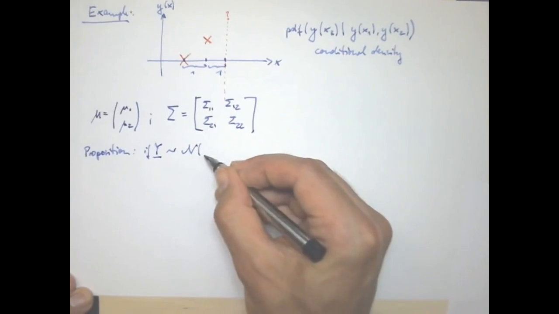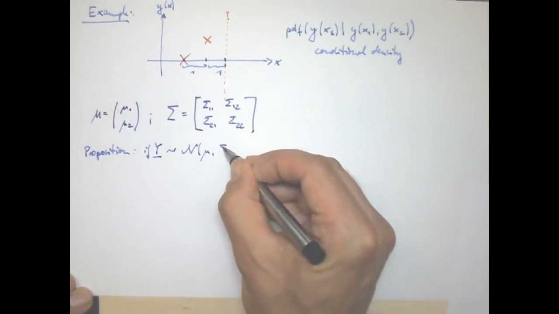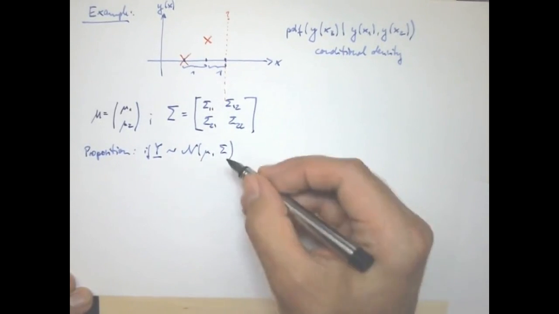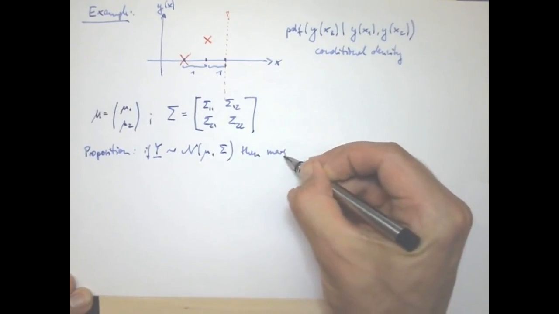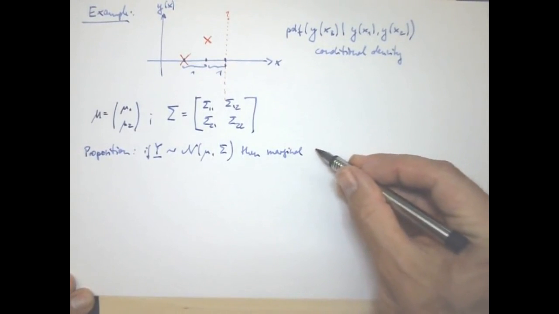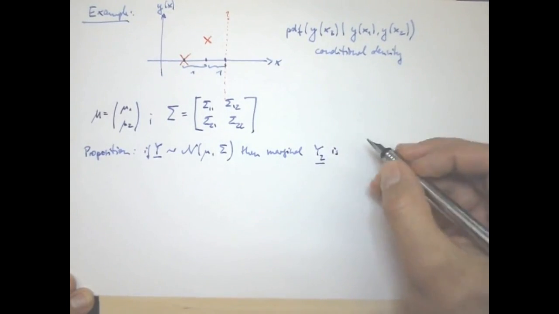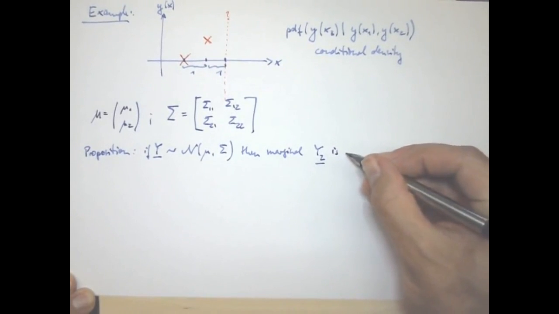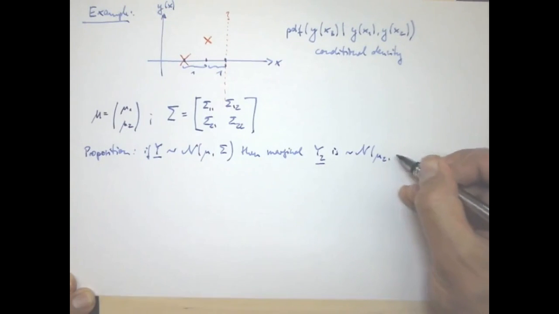If this random variable is distributed as such, then the marginal is distributed by that.